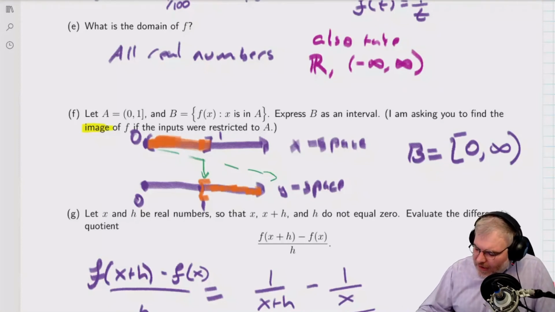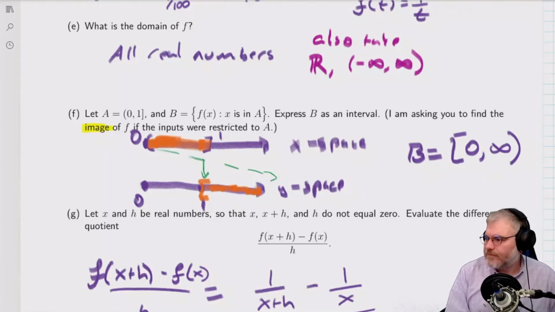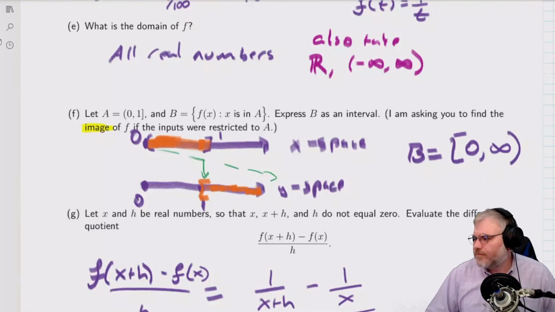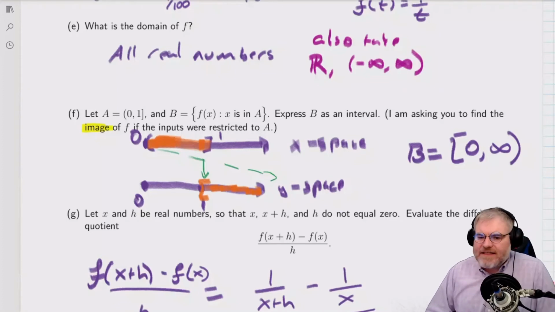So I drew an arrow from 1 to 1. Now, as my input gets closer and closer to 0, what happens to my output? Yeah, it gets larger. In fact, what happens to it is that it goes off to positive infinity.